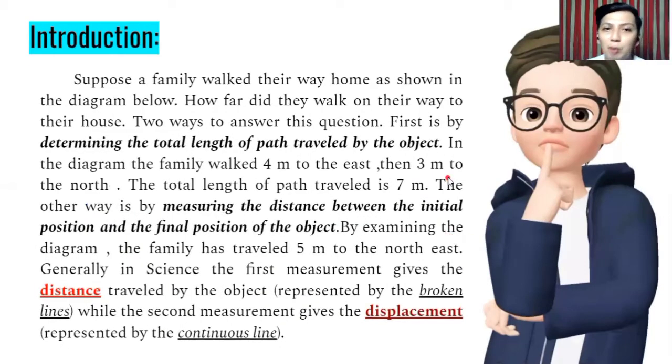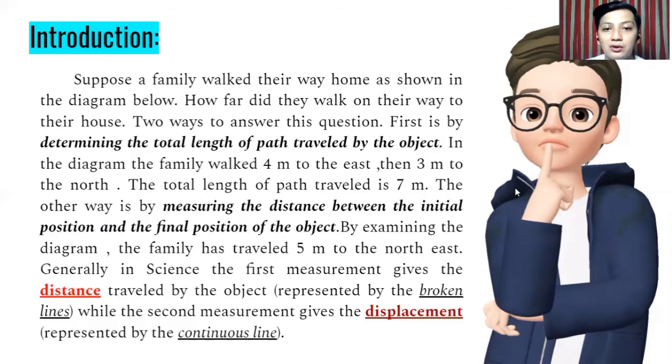Next, suppose a family walked in their way home as shown in the diagram below. Later on the next slide, you will see a diagram, for example, from our house or from your house on the way to school. Para ka nagbibigay ng map, okay, na may direction. So how far did they walk on their way to their house?